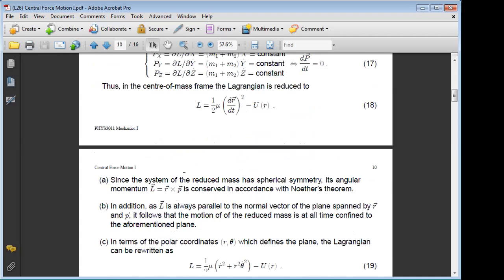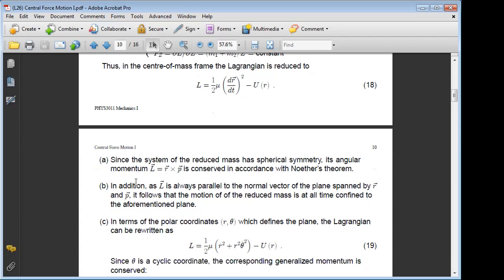Now, since the system of the reduced mass has spherical symmetry, the angular momentum is conserved in accordance with the Noether theorem. In addition, as L is always parallel to the normal vector of the plane spanned by the R vector and P vector, right? Because L is equal to R vector cross P vector.